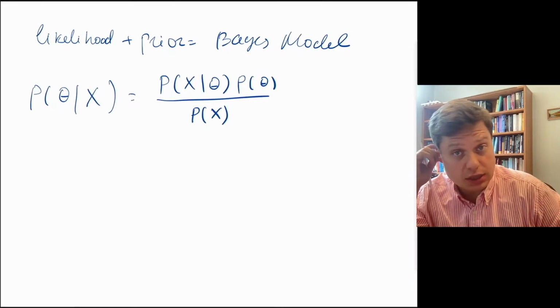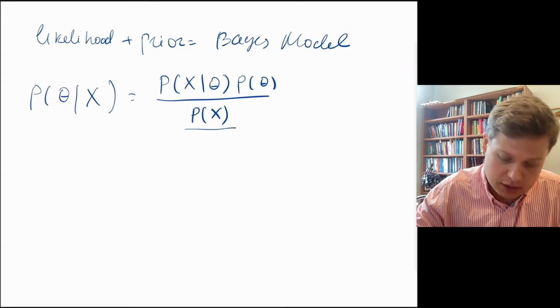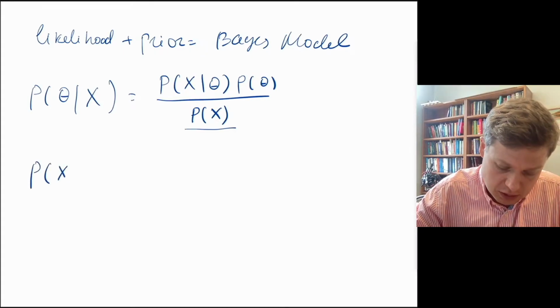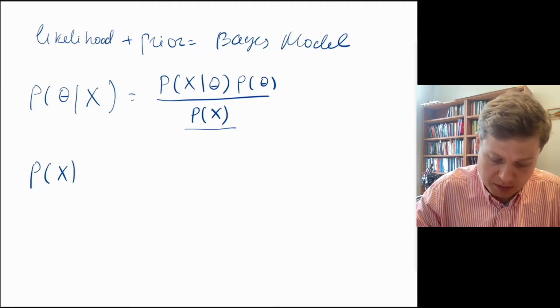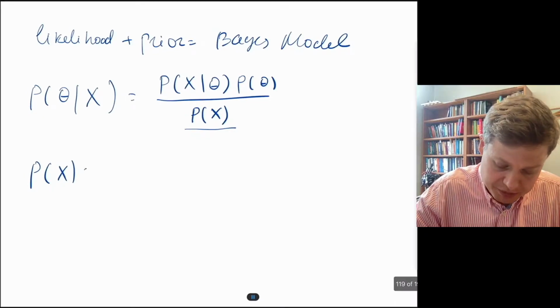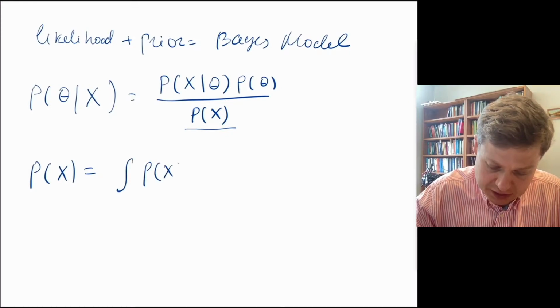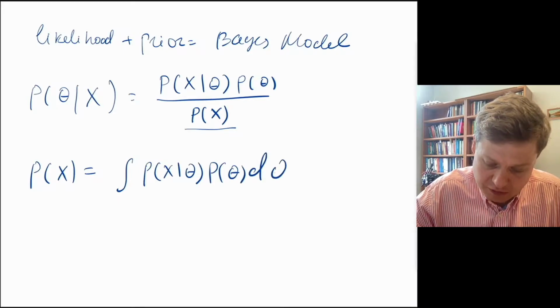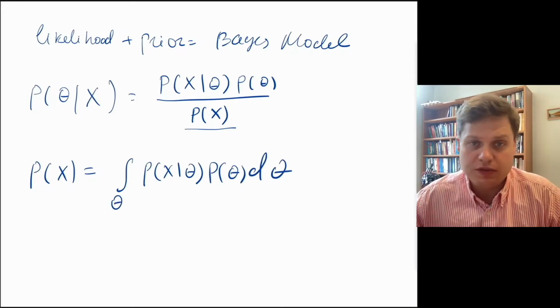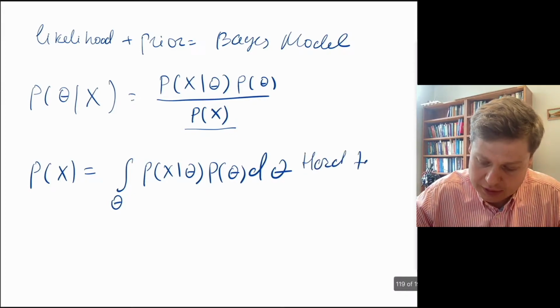And as I mentioned in the previous video, usually this one is hard to calculate because for the total probability, you need to integrate out the parameter theta from the joint distribution. So it's p of x given theta, p of theta, and you integrate over the domain of theta, and this integral is hard to calculate.